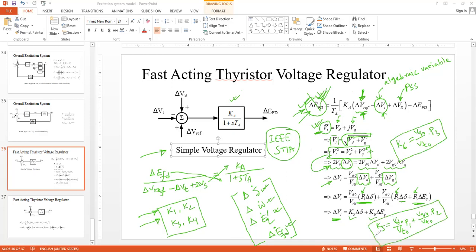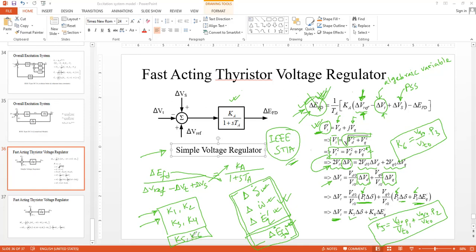So in total, for this fourth order model, where the first three state equations belong to the synchronous generator, the fourth equation belongs to the simplified IEEE static type exciter. When we have the fourth order model, you have to have 6 K constants.